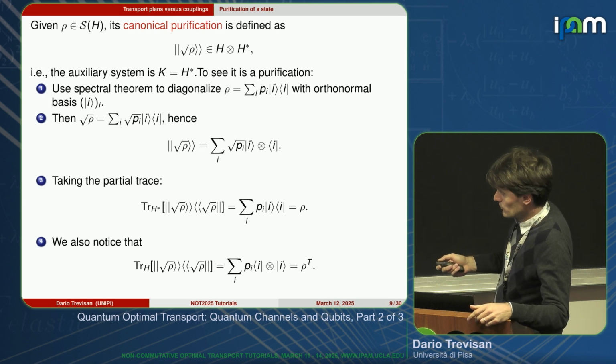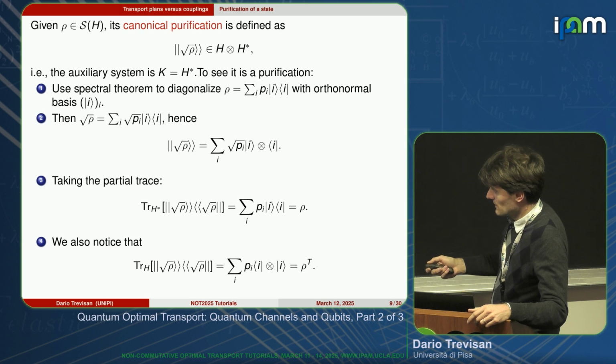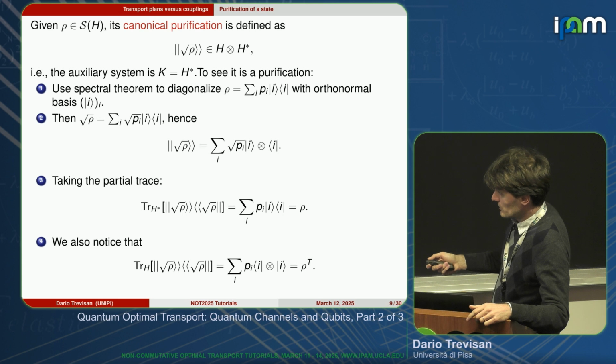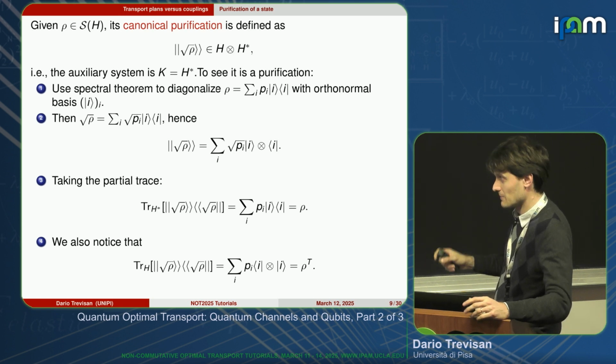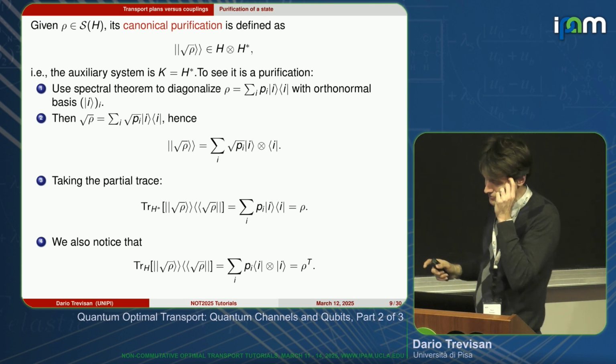Remember, if you do the partial trace, you need to take this ket and pair it with the bra. So you need essentially to do the double summation over i and j. You have square root of p_i, square root of p_j, which are numbers, and then this term here, and then the dual. So formally, you just replace this ket with bra and this bra with ket. But you will have a double summation over i and j.